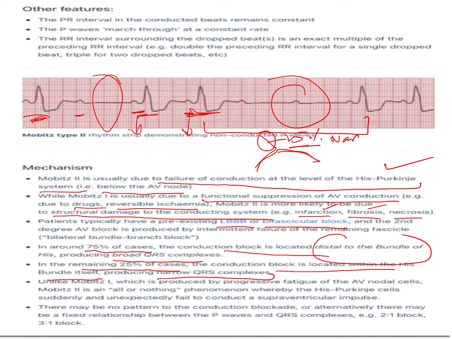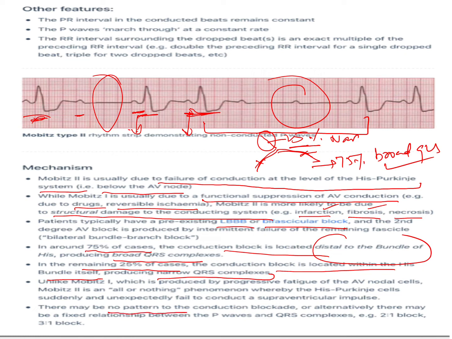And if the defect is distal to this His bundle, that is in the right bundle branch or left bundle branch, 75% of cases have broad QRS complexes. So if we get broad QRS complex, we should think that the blockage is below the His bundle.